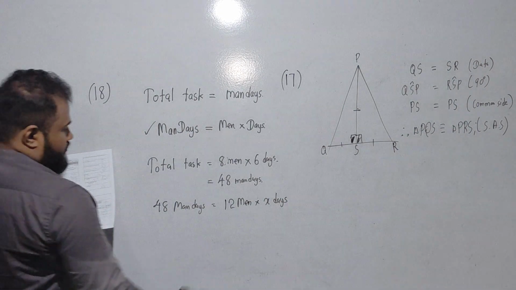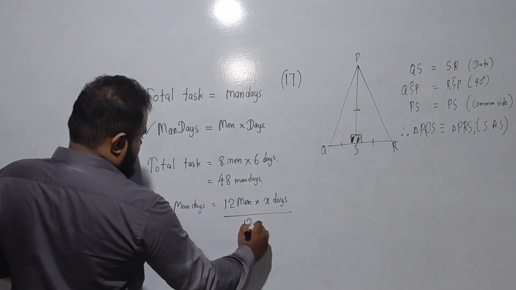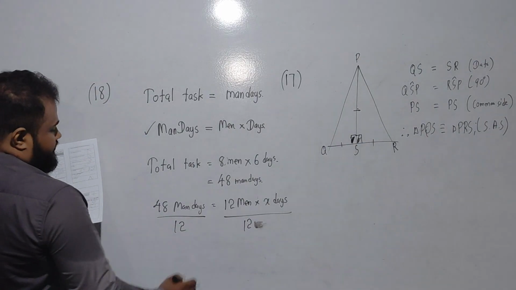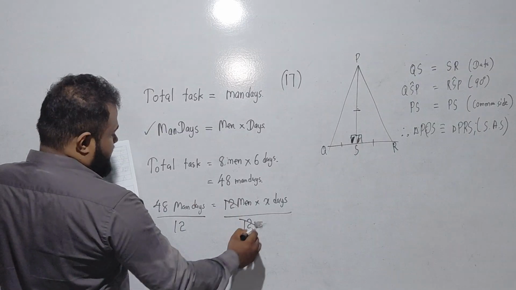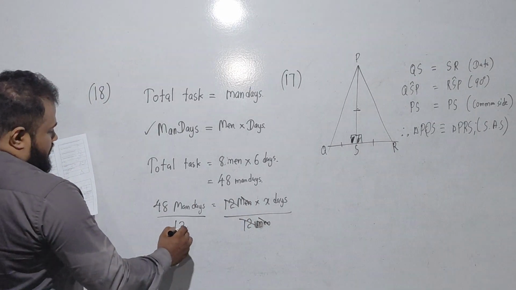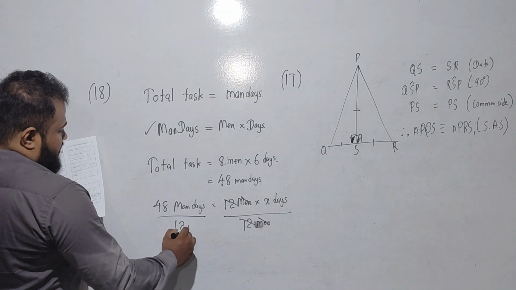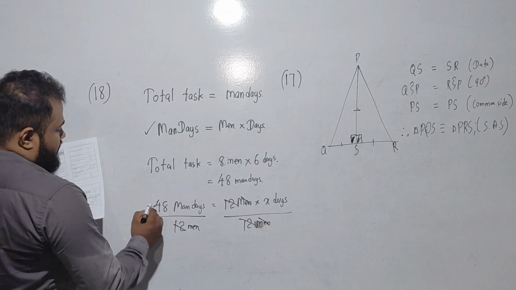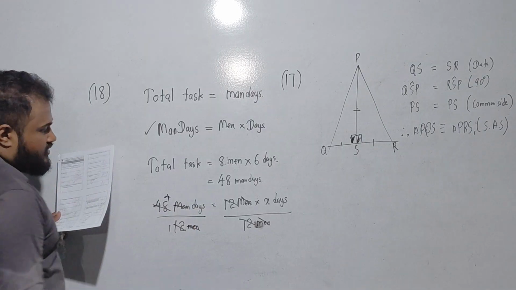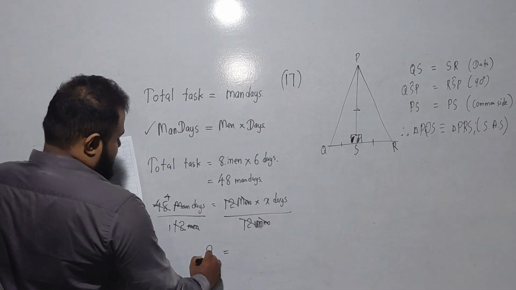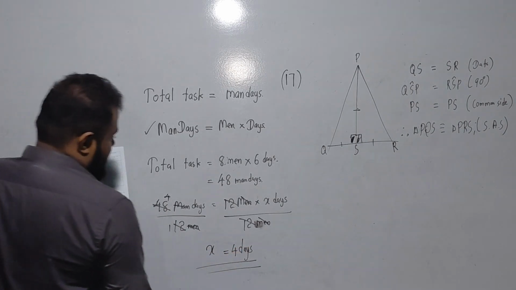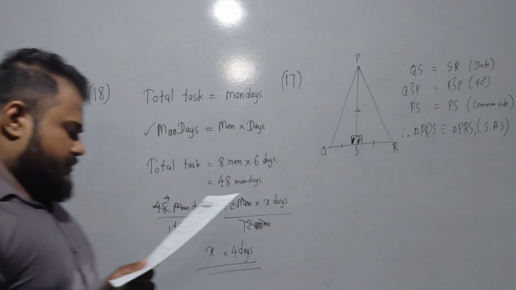Now what can we do? We can divide both sides by 12 men. The 12 and 12 cancel, and men and men cancel. I can cut 12 and 48 as 4 to 1. So x is equal to 4 days. Okay, that's the answer.